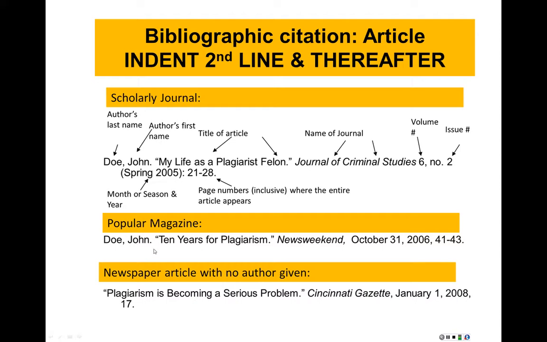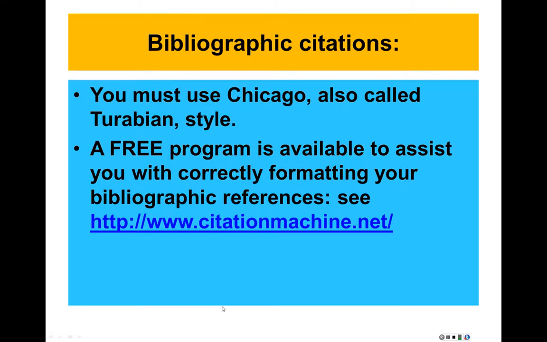A popular magazine, similar. You need the last name of the author, the first name of the author, the name of the article, the name of the journal, the month and day if they give it as that, and the year, the pages that you found it on. If you don't have an author given, then you use something like this.